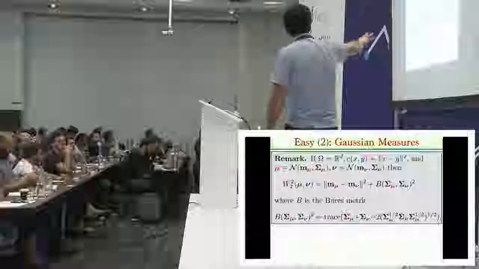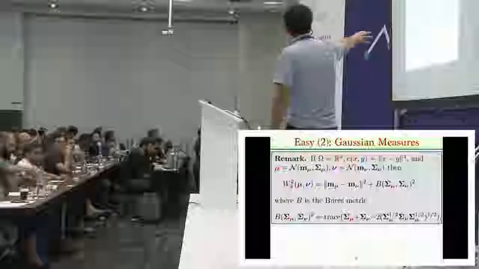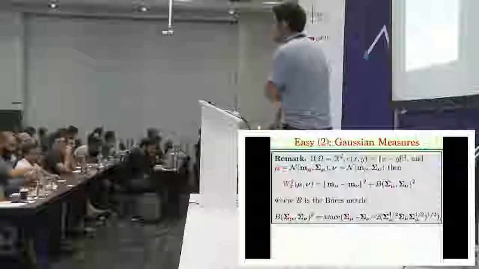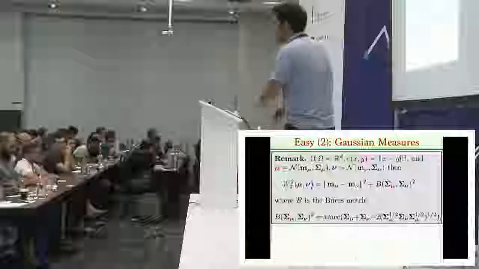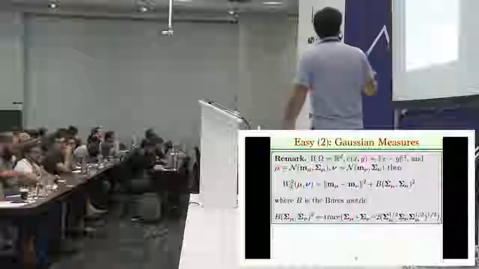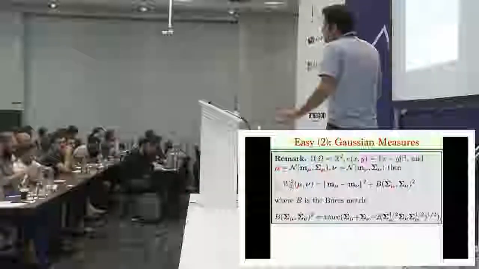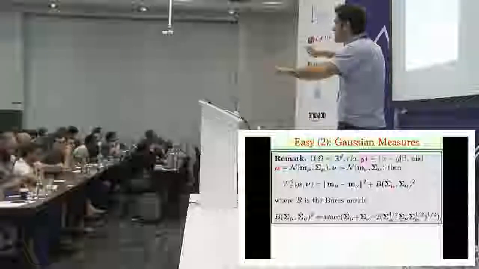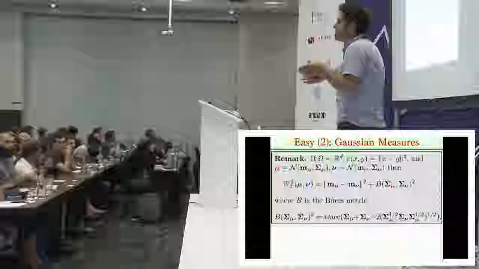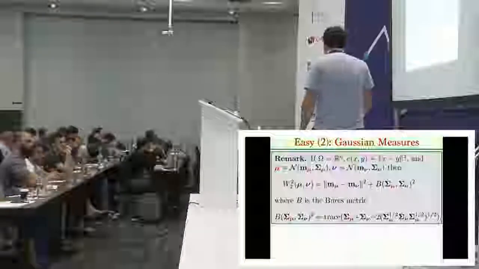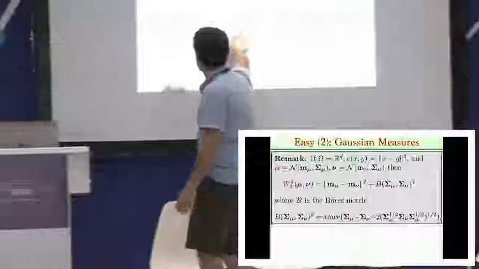This Bures metric has been discovered in information geometry, in quantum information, and many other fields, and it has a lot of very nice geometric properties. So it's kind of intuitive. If you compare a Gaussian with a Gaussian, you compare how far the means are, and then how far their covariance matrices are with respect to this.